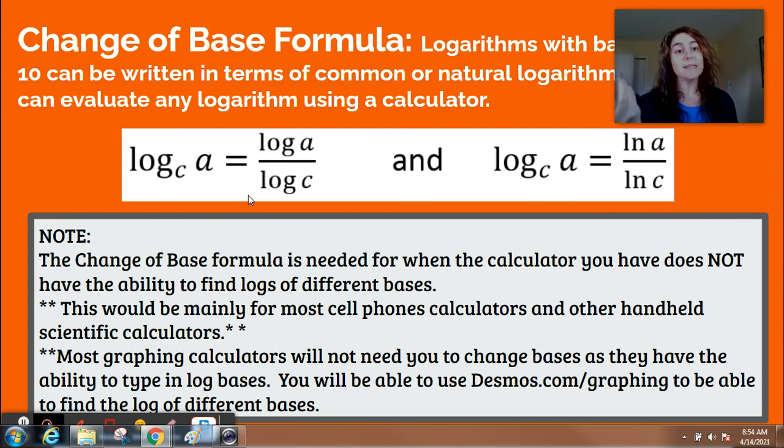I can create it to be one or the other, common or natural, by taking the log of the argument and dividing it by the log of the base of the original. I can also do with the natural. So I could do ln of A, ln of the argument, over ln of the base. So again, if you're using your cell phone or a regular scientific calculator that doesn't have base logs, you might need to do this in order to simplify something.